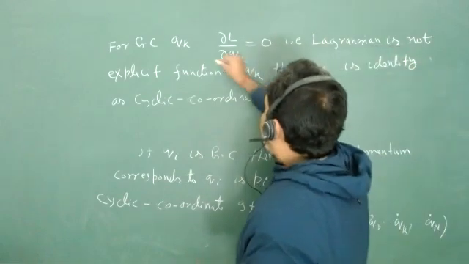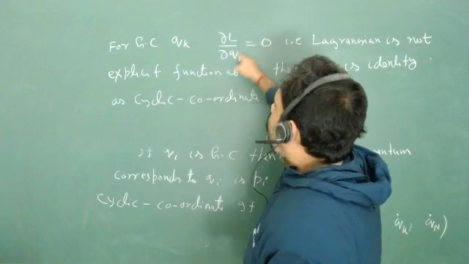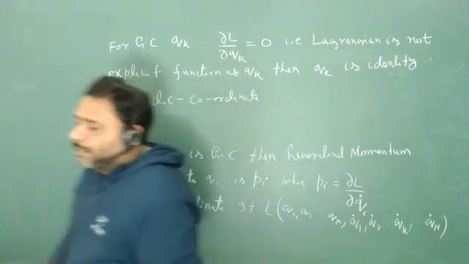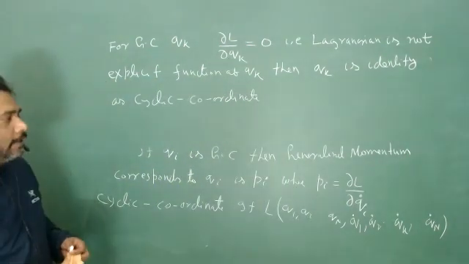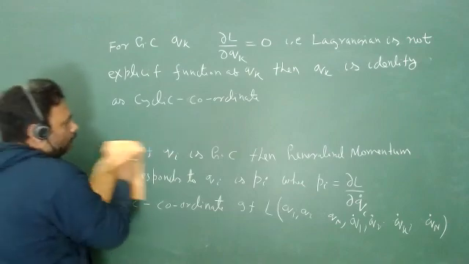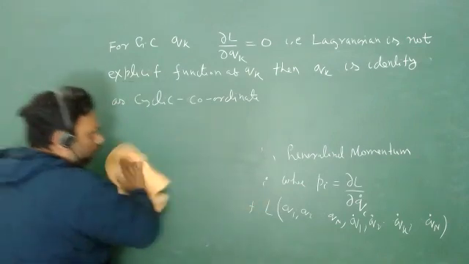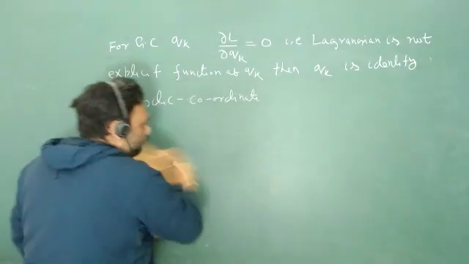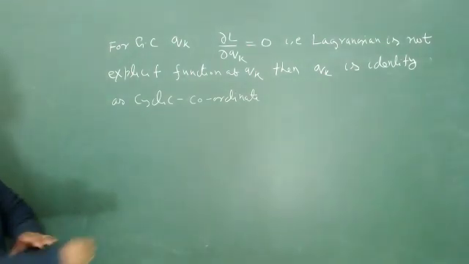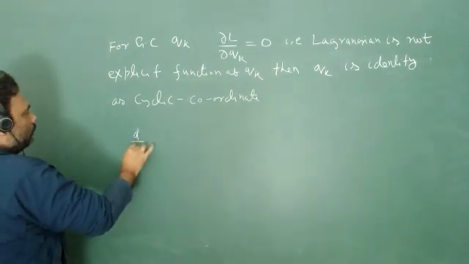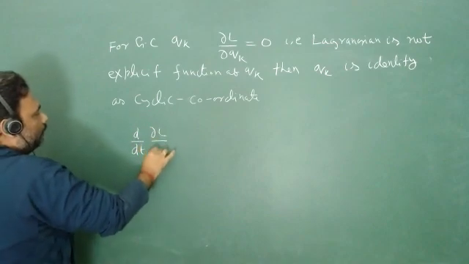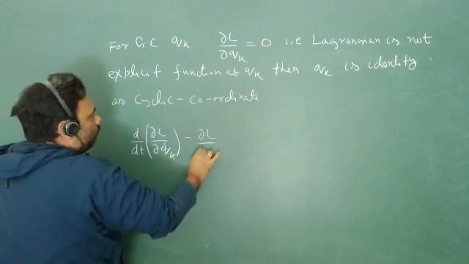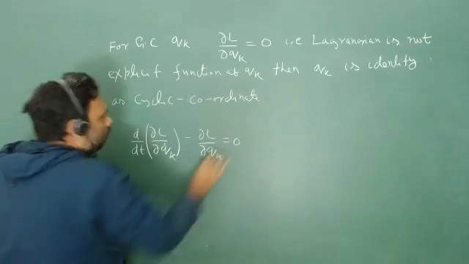So how will you check whether it is a cyclic coordinate or not? You just have to check whether del L upon del qk is equal to 0. What is the meaning of a cyclic coordinate? Why are we defining it? When we write the equation of motion, it will be d upon dt del L upon del qk dot minus del L upon del qk equal to 0.